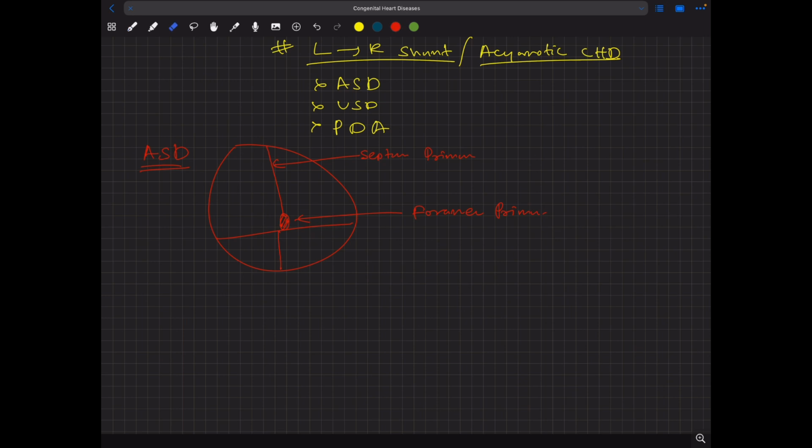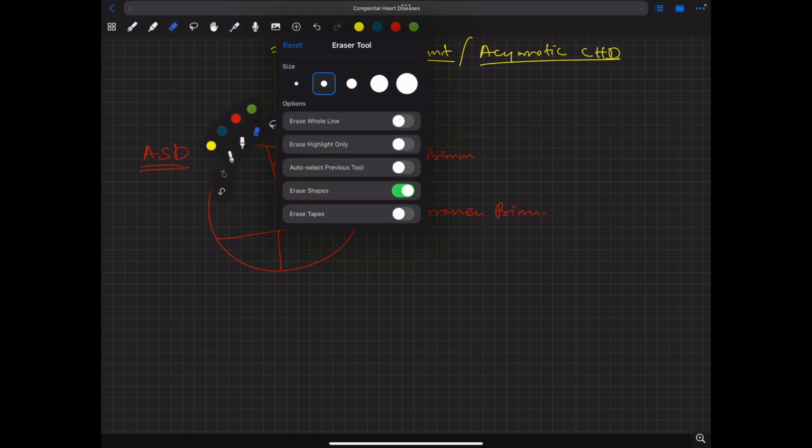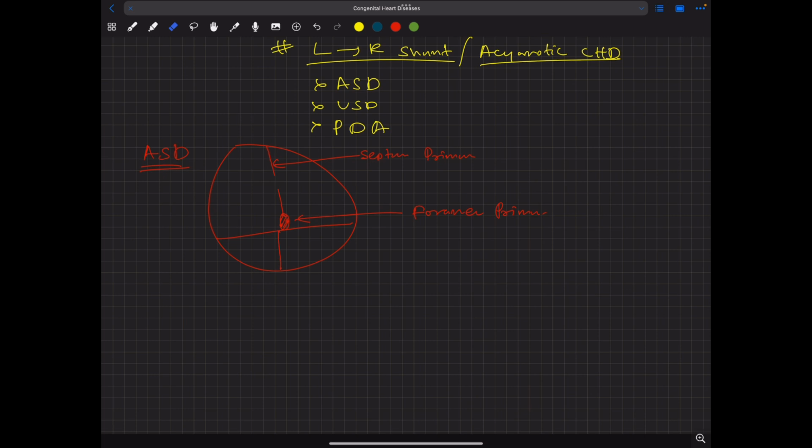There is another defect present in septum primum. This defect is called foramen secundum. So foramen primum and foramen secundum both are present in septum primum. Another thing, we have septum secundum.